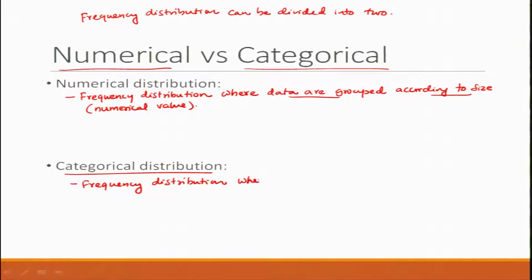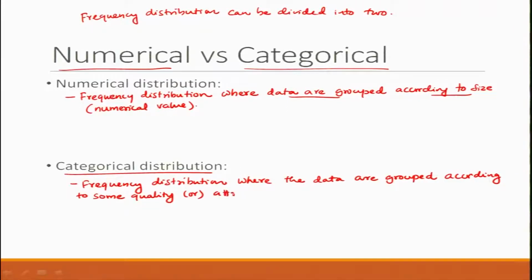Where the data values are grouped according to some quality or attribute. So, here we are looking at some attribute of the data.